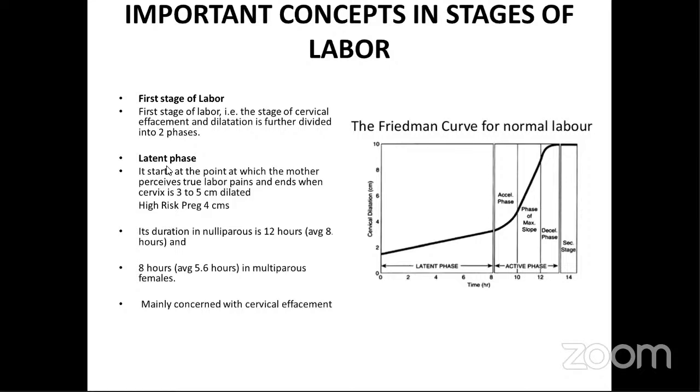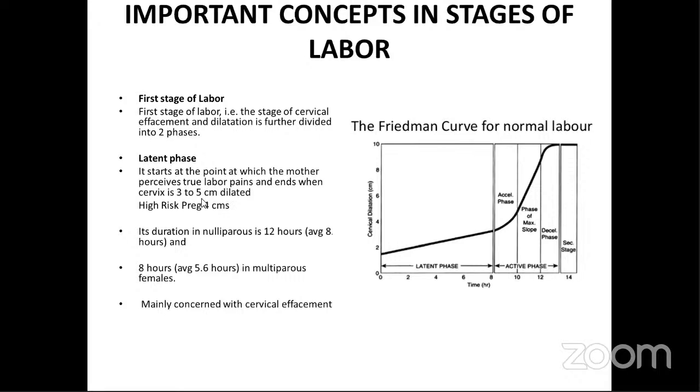These phases are based on the rate of cervical dilatation. The latent phase is the time from no dilatation of the cervix, from the onset of true labor pains, until at least 3 to 5 centimeters dilatation of the cervix. 3 to 5 centimeters is defined by the Williams textbook, whereas the high-risk pregnancy book says 4 centimeters.